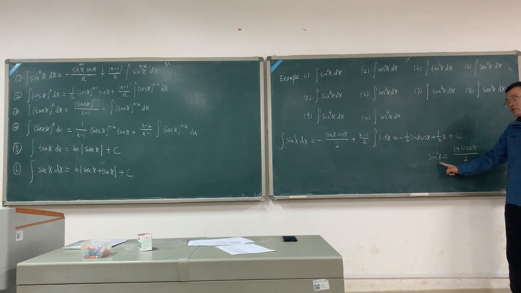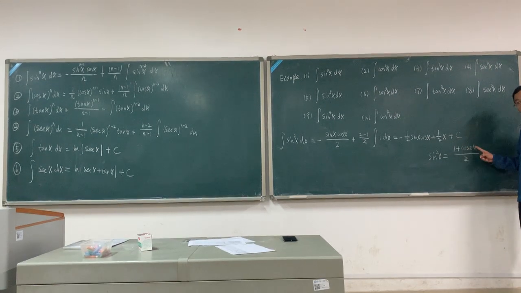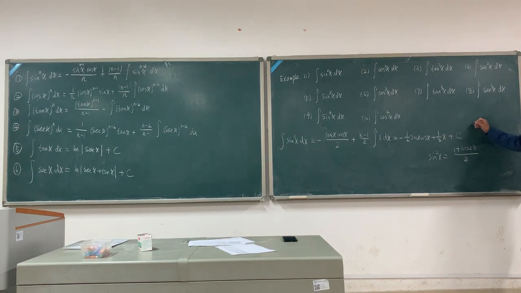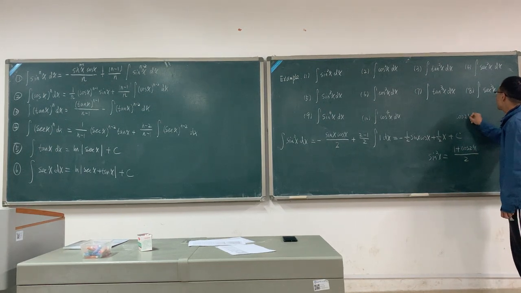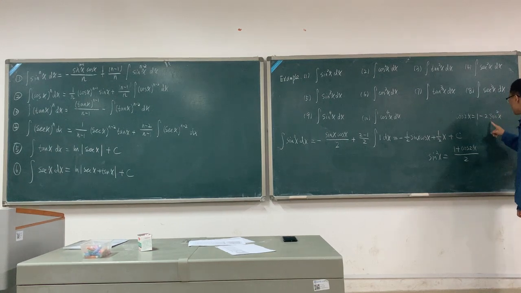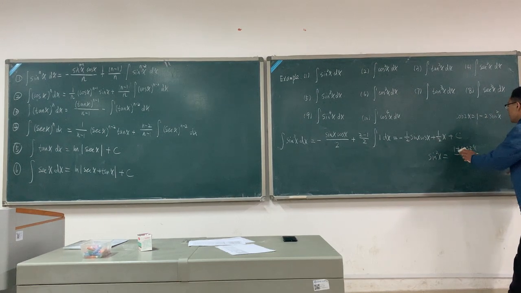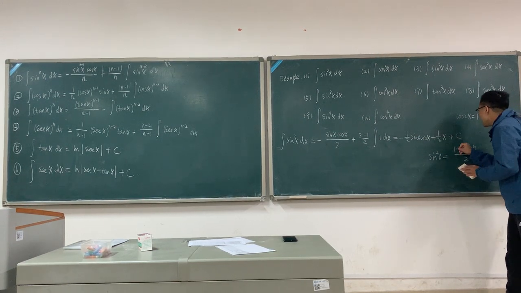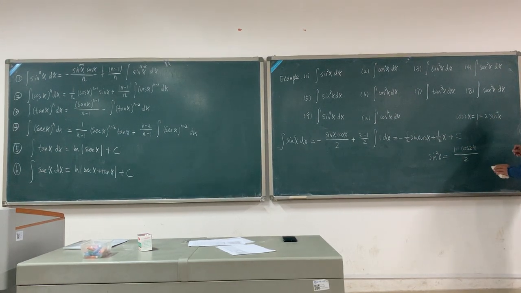Cosine 2x equals 1 minus 2 sin x squared. So sin squared equals, oh I'm sorry, I made a mistake here. Here it should be 1 minus. Yeah, 1 minus cosine 2x by 2.